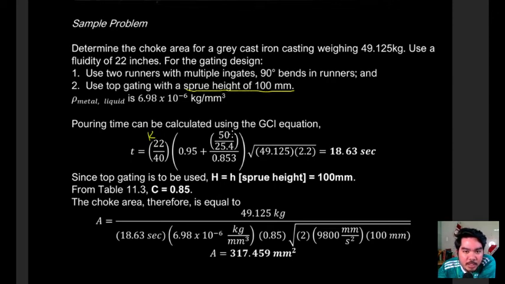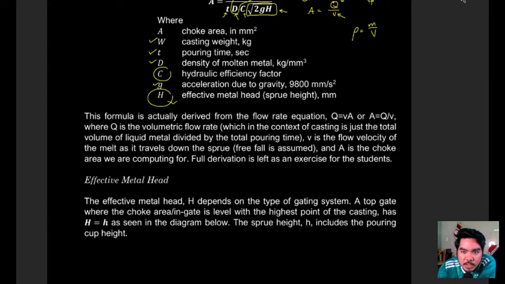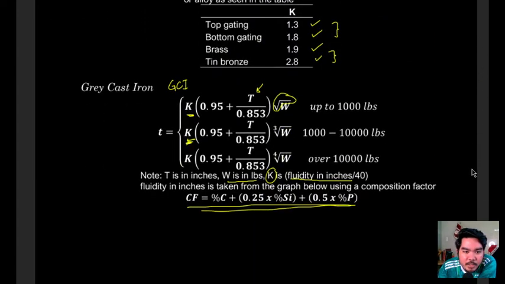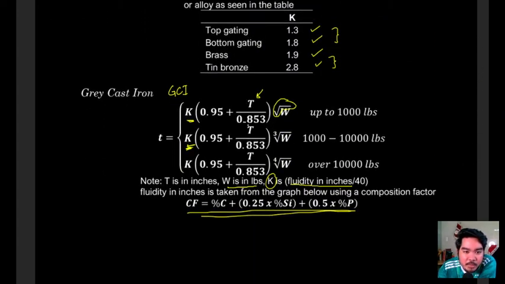This is the apparent thickness. Wait, let me double check last, no? Double check natin yung GCI equation. GCI is the apparent thickness divided by 0.853 multiplied by square root of W.